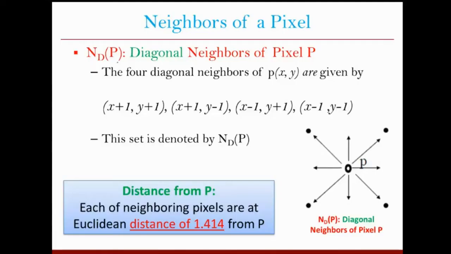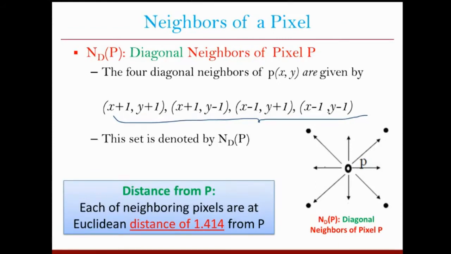Similarly, for the nd neighbors, the coordinates can be computed, and you will find that those coordinates will be x plus 1, y plus 1; x plus 1, y minus 1; x minus 1, y plus 1; and x minus 1, y minus 1. You can just compute, assuming that the central pixel has coordinates x, y.